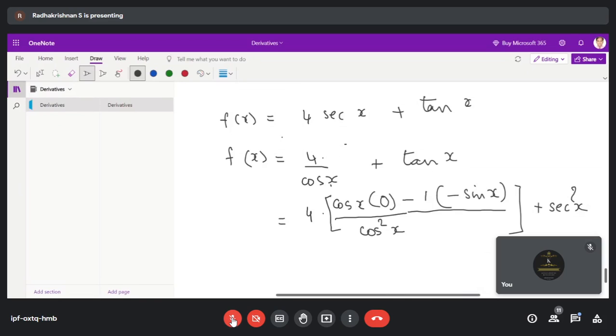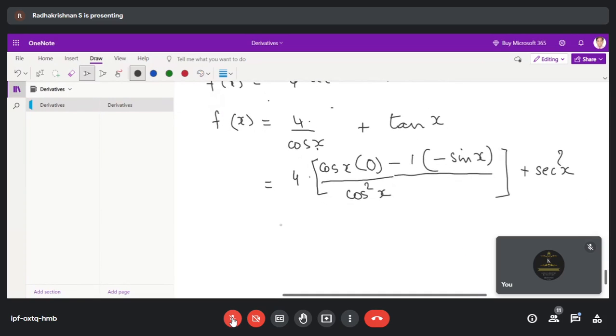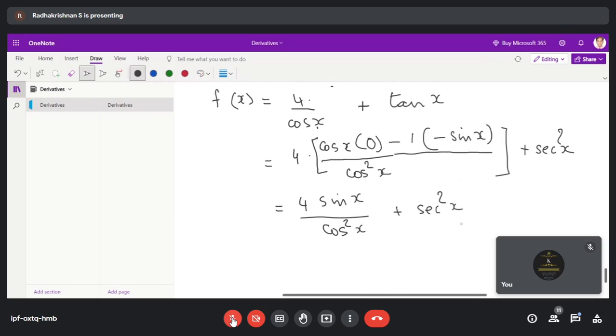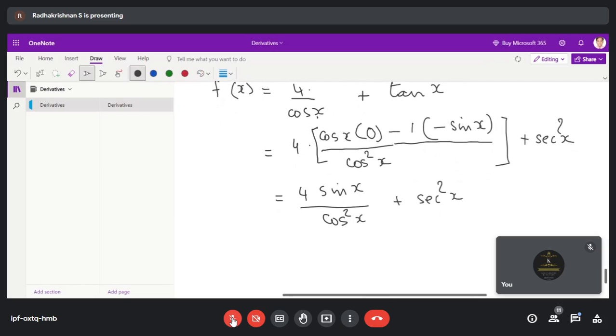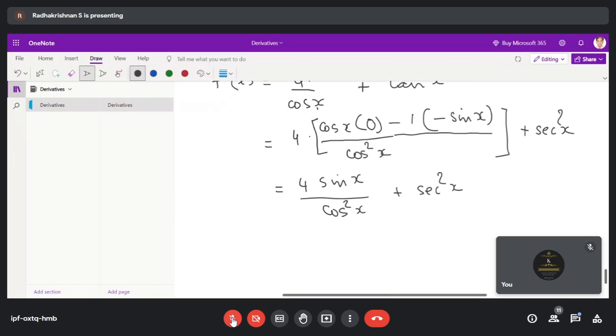Otherwise we can write sin x by cos x in the same way. Four into, so this is 0. So minus 1 into minus sin x is sin x by cos square x plus secant square x. That's all.